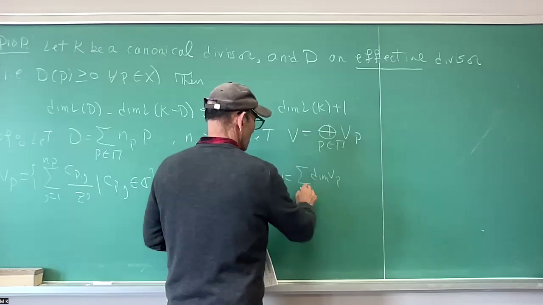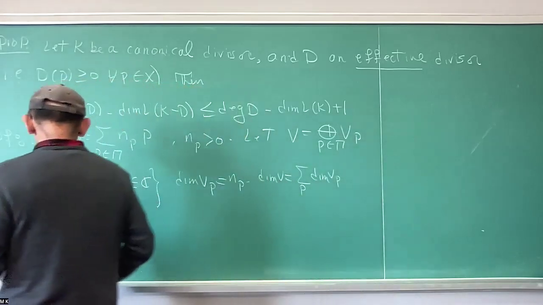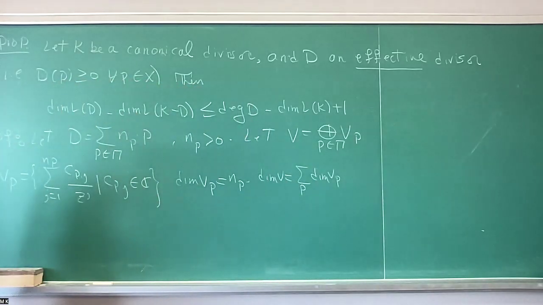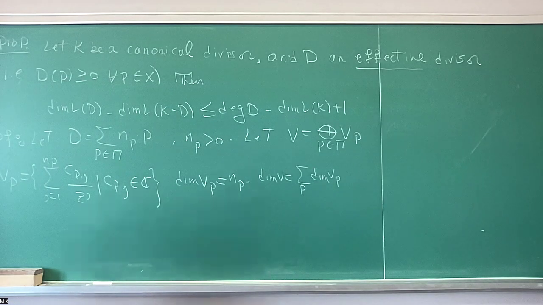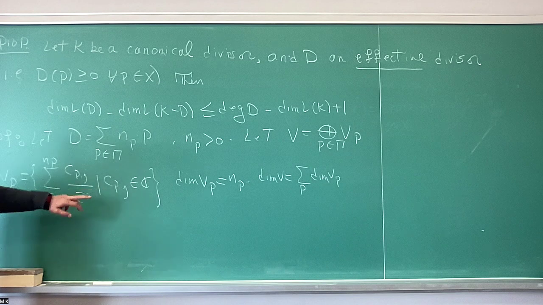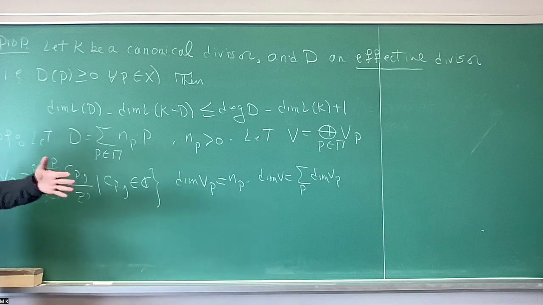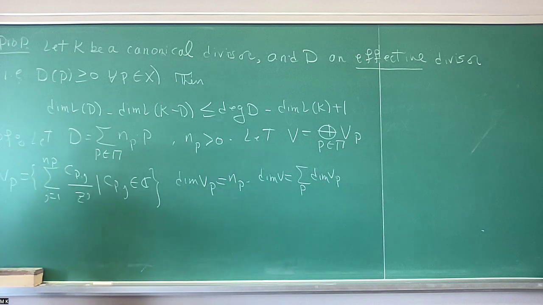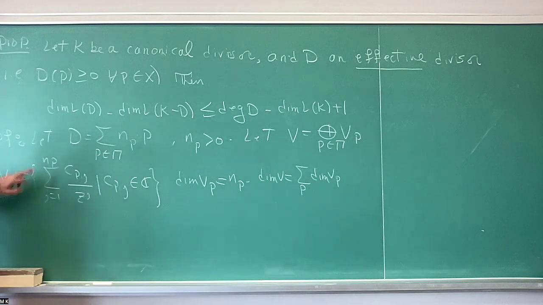So what is CPJ? These are complex numbers. We just take complex numbers and we form this vector space. These are vector spaces of power series of this form. So for j going from 1 through NP, each time you're taking a complex number. And what's z? z is the variable.